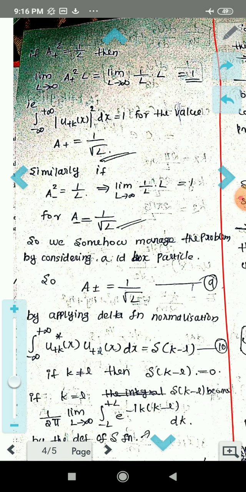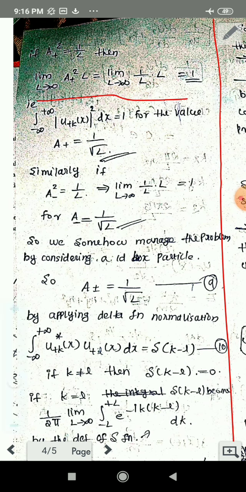Similarly we can write for a minus. So the limit L tends to infinity of a plus square L is equal to the limit L tends to infinity of 1 by L into L, which is equal to 1, if a plus square is equal to 1 by L. We are substituting into the limit L tends to infinity of a plus square into L, that constant.